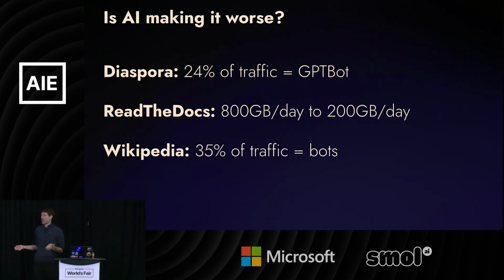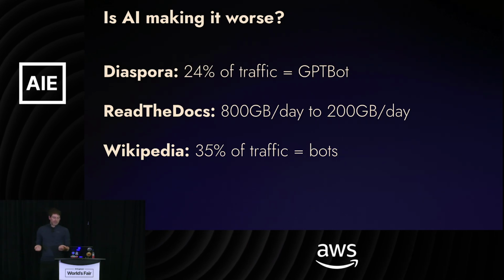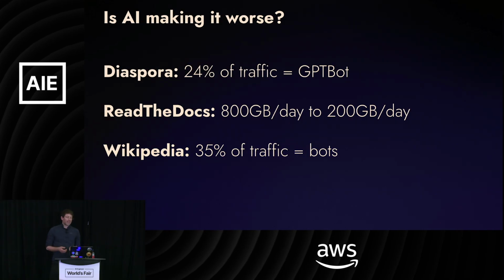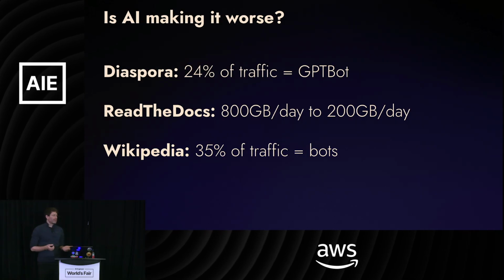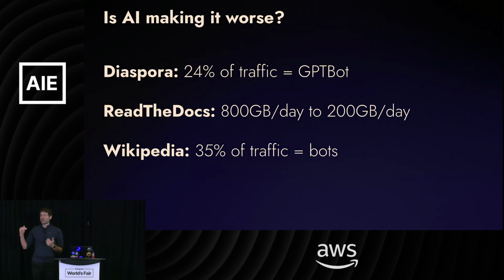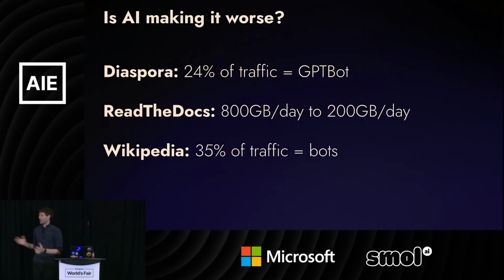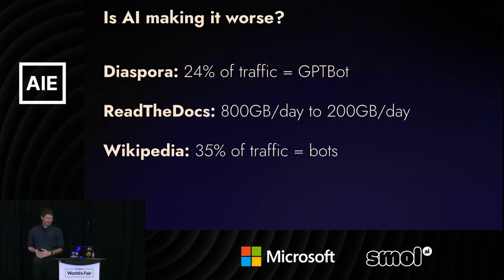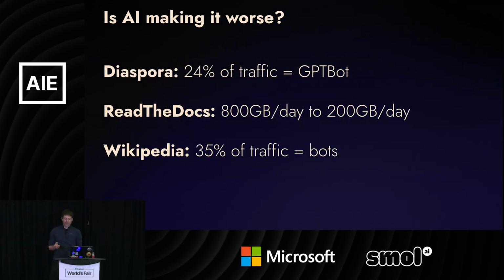And even Wikipedia is having this problem. They're spending up to 35% of their traffic just serving automated clients, and they're seeing this increasing significantly and attributing that to AI crawlers. So AI is making this worse.